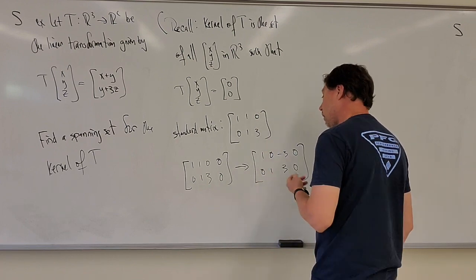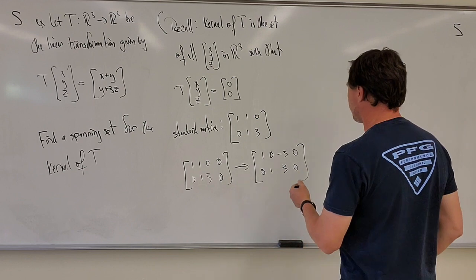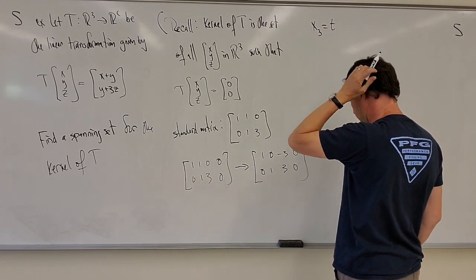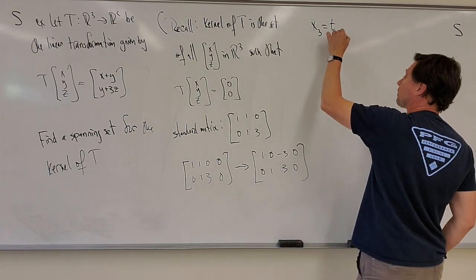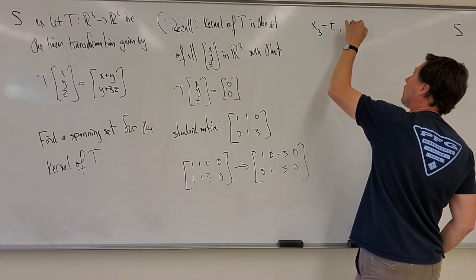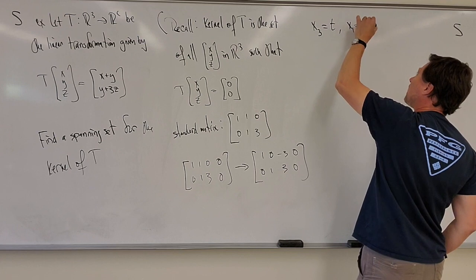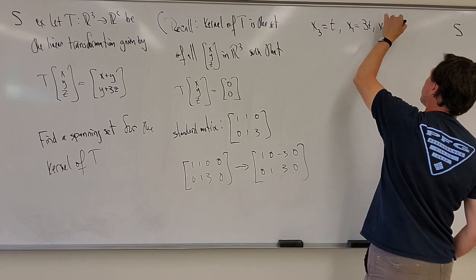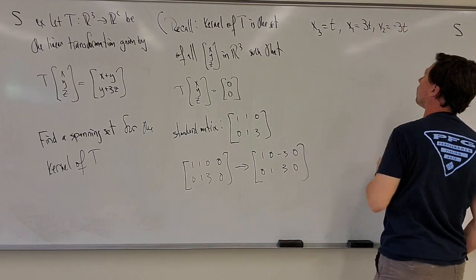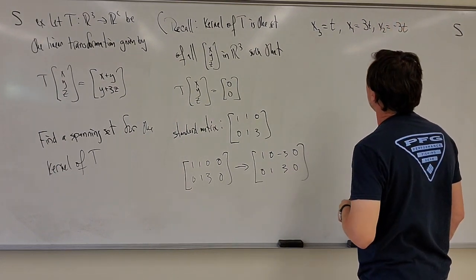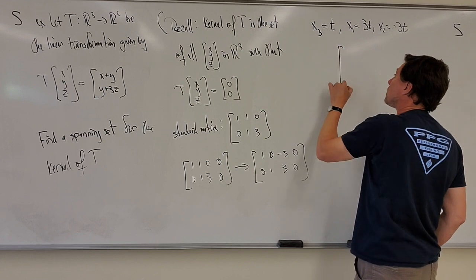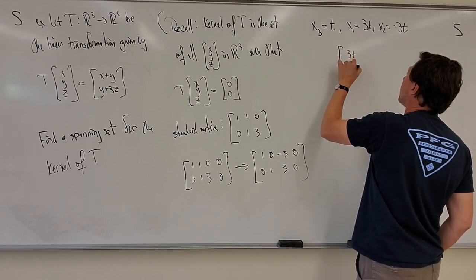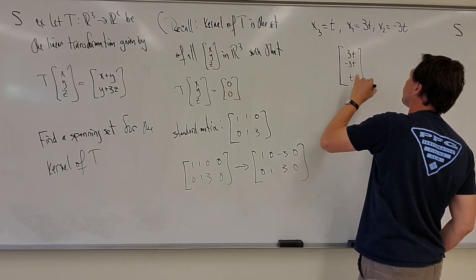Okay, so now in reduced row echelon form, we've got one free variable, so let's say x3 equals t, and then let's see, x1 equals 3t, and x2 equals negative 3t. So solutions to this system look like this: 3t, minus 3t, t. Right?